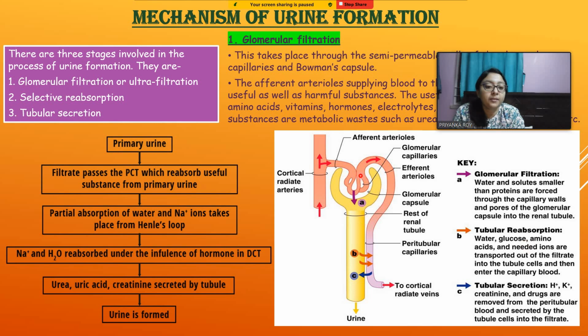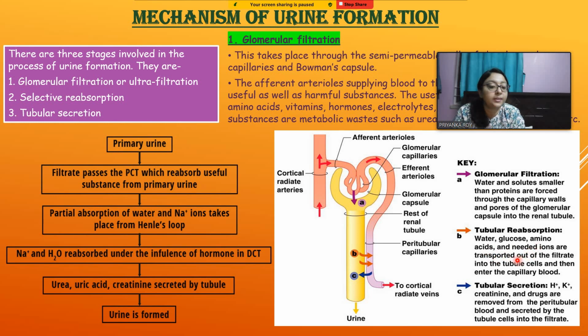If we look here, A is the glomerular filtration, where water and solutes that are smaller than proteins are forced through the capillary walls and pores of the glomerular capsule into the renal tubule. Next is the tubular reabsorption, B, where you can see that from the PCT it is entering into the capillaries. What is entering? Water, glucose, amino acids, and the needed ions.